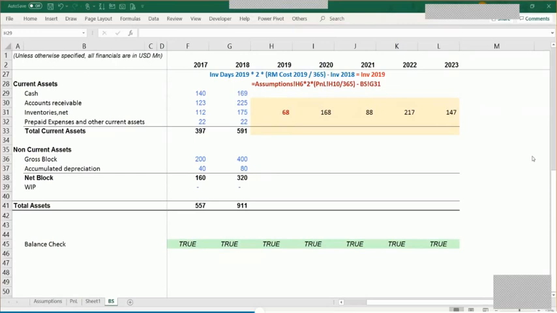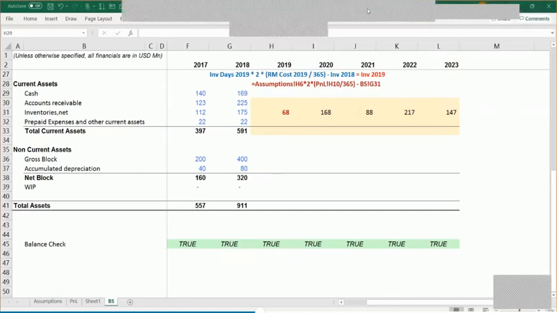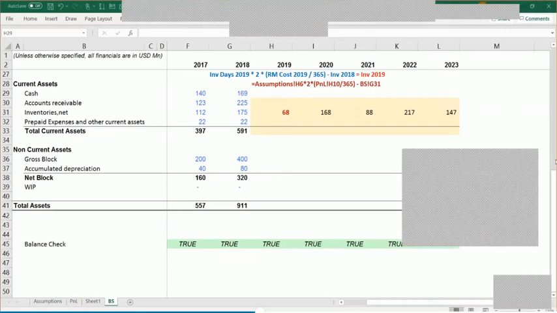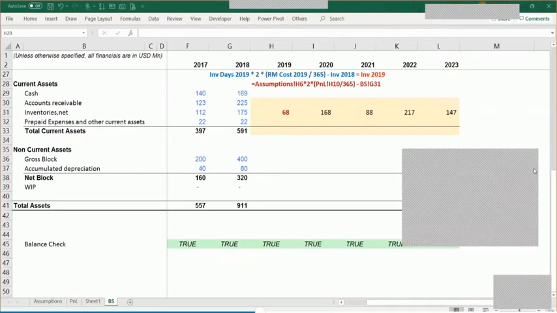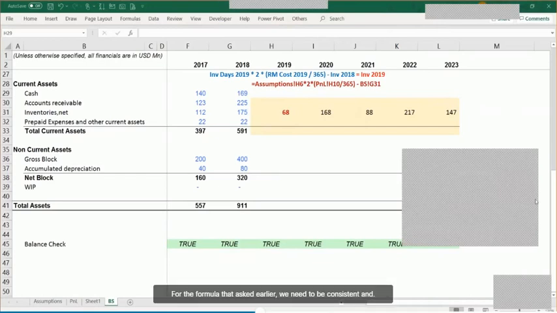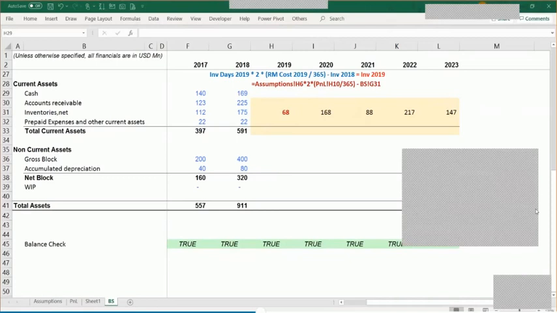Fair enough? Yeah, it will come to the same figure approximately, but the important point is consistency. The formula that we used earlier, we need to be consistent in terms of taking the same logic. So that's more important.